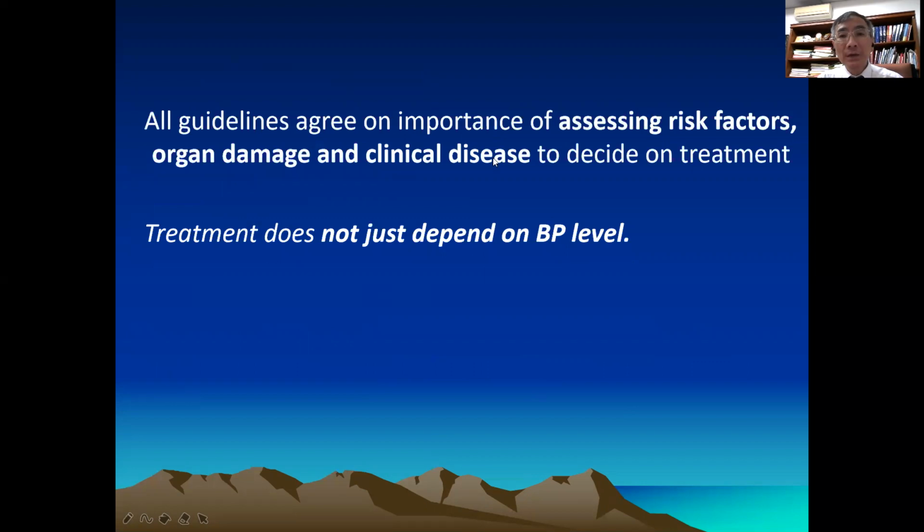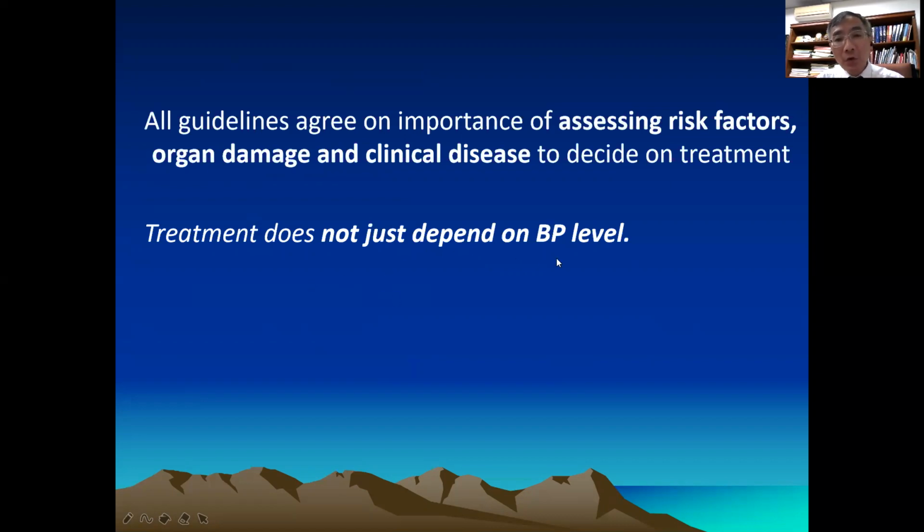All guidelines agree on the importance of risk factor assessment. So we must look for the risk factors and seek to control and normalize them. We must look for organ damage, and we must look to see whether clinical disease is present on every patient before deciding on how we should treat.